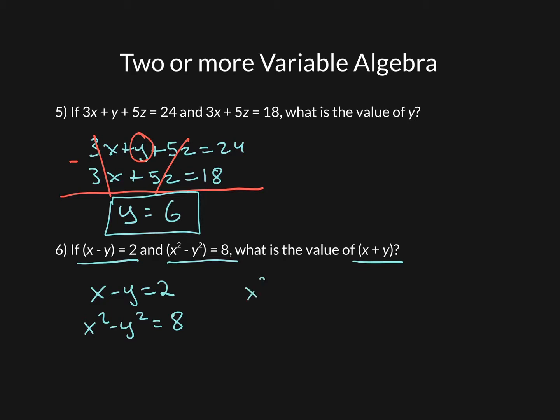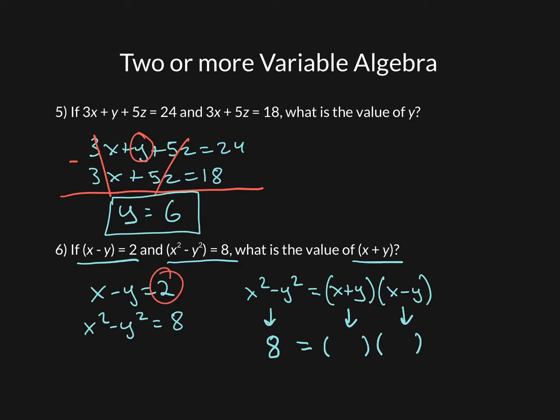So if we just do x squared minus y squared and simplify that into x plus y times x minus y, well, we know x squared minus y squared is just 8. They're asking us for x plus y, and we already have x minus y. X minus y is simply 2. They've given us that over here.